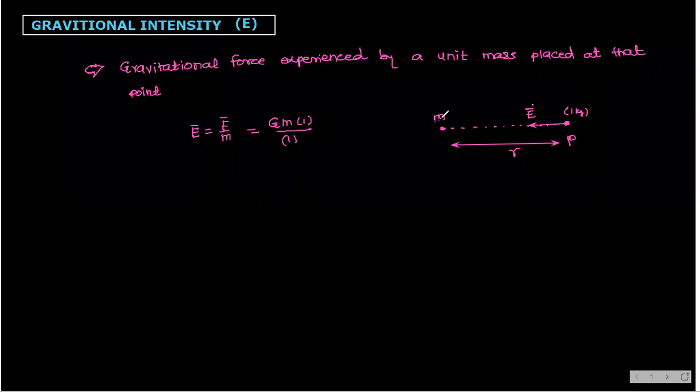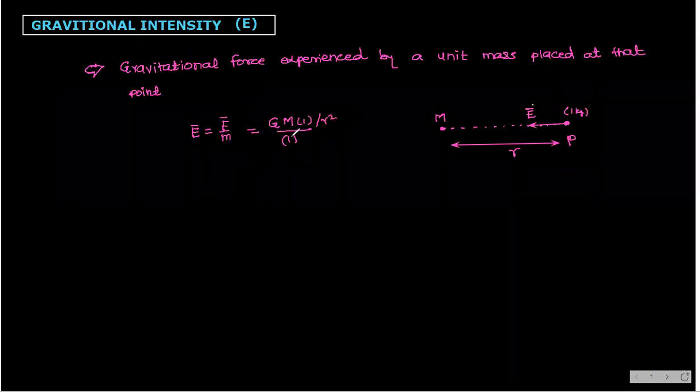Choice is yours. If you want to keep here capital M, then here also you keep capital M, and this is the unit mass. So I am keeping here capital M, and this is unit mass, that's why 1. Here it is G M m by R square.